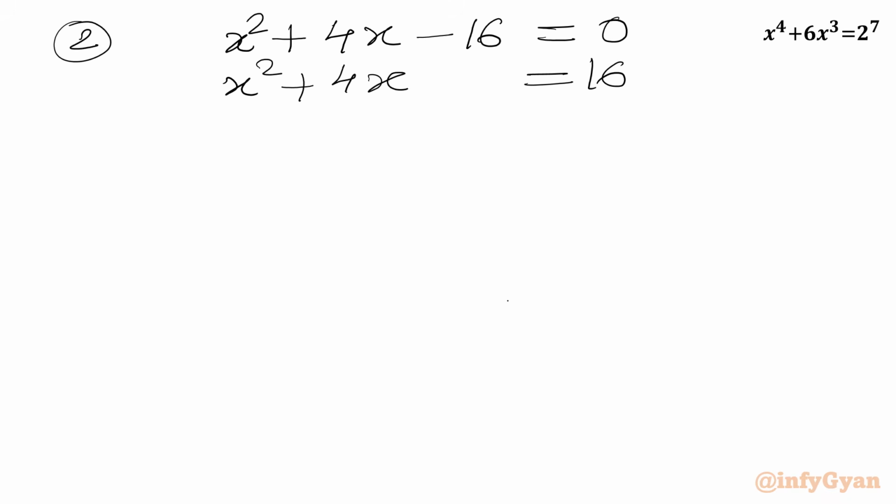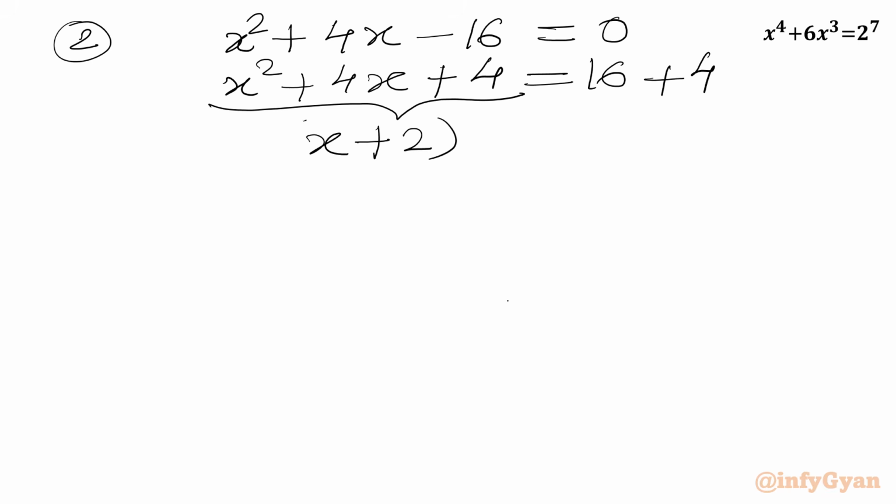The coefficient of x is 4, half of 4 is 2, the square of 2 is 4. We have to add 4 to both sides. Now the LHS will give us one perfect square of x plus 2, and in the RHS we will write 20, which we can write as 2 square root 5 whole square.